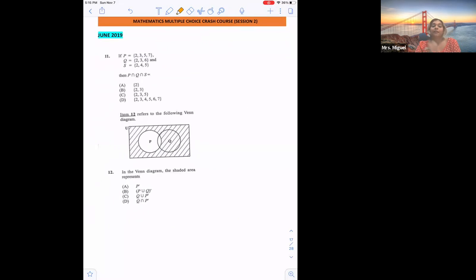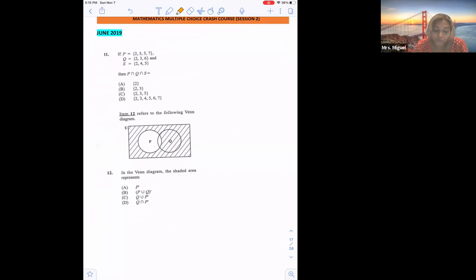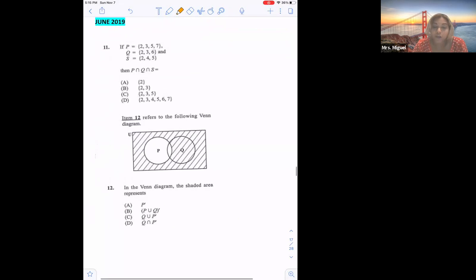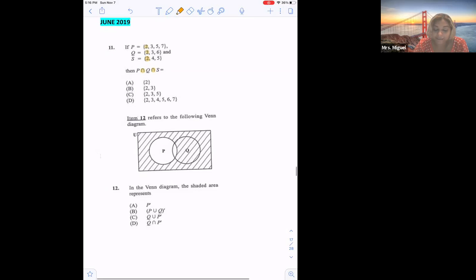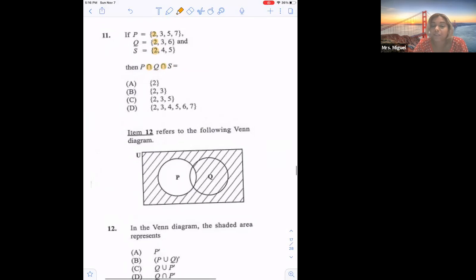Now, if P, Q, R, and S, we want to know what is the intersection. What are the elements that are common? So we have 2. Do we have any other elements that are found in both P, Q, and S besides 2?